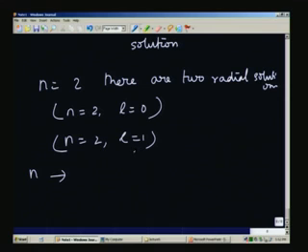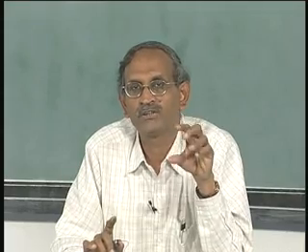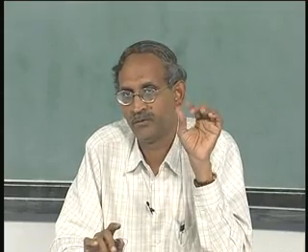And the successive cases, as you increase n to 3, 4 and 5 etc., the total number of solutions is n corresponding to l equal to 0, 1, 2, 3, 4 up to n minus 1. So there are n solutions for any radial wave function with the principal quantum number n. The values of l of course are 0 to n minus 1. The other thing is the radial and angular part also control the other phi part.